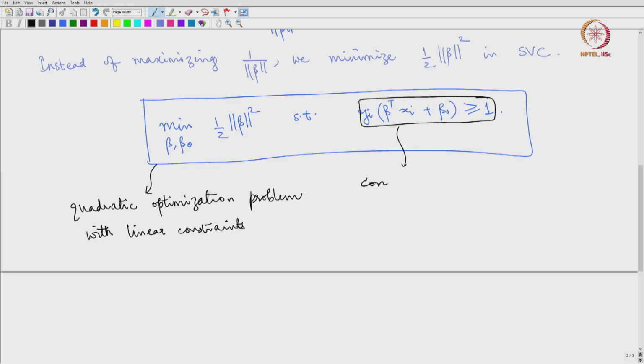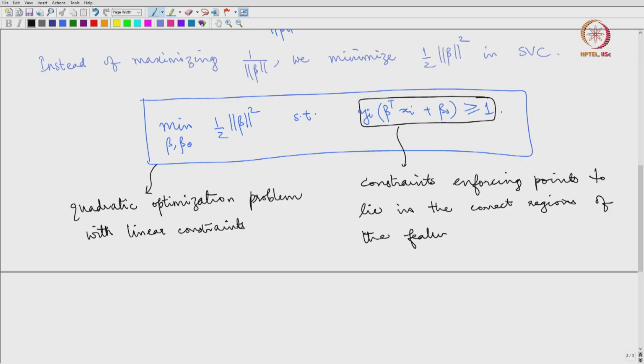So these are the constraints enforcing the points to lie in the correct regions of the feature space as divided by the optimal hyperplane.